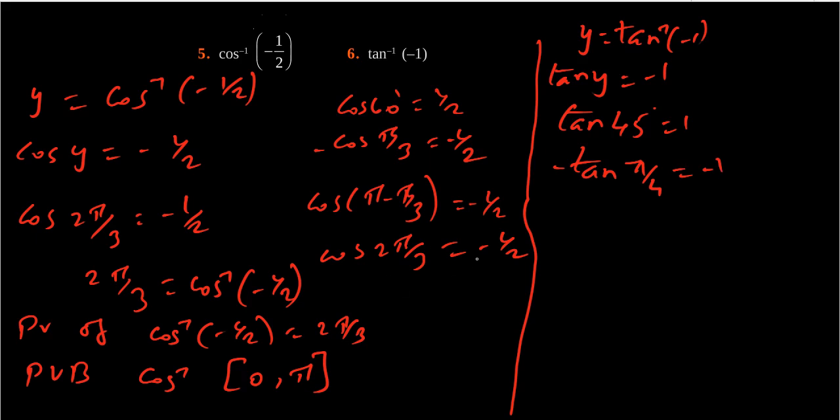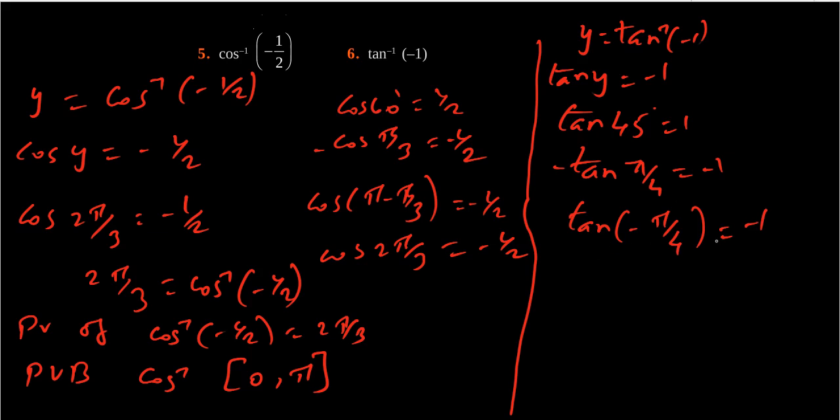Since tan of minus theta equals minus tan theta, instead of minus tan theta we can write tan of minus theta. So tan of minus pi by 4 is minus 1.